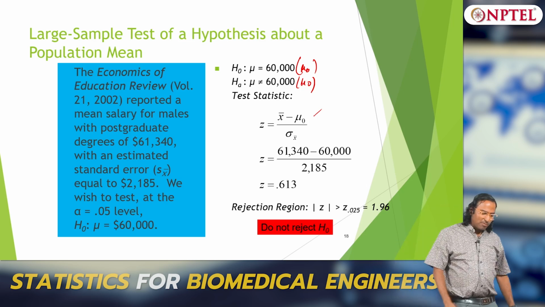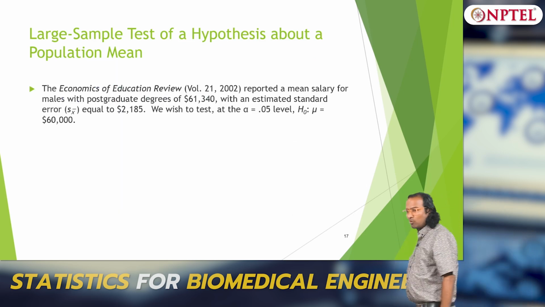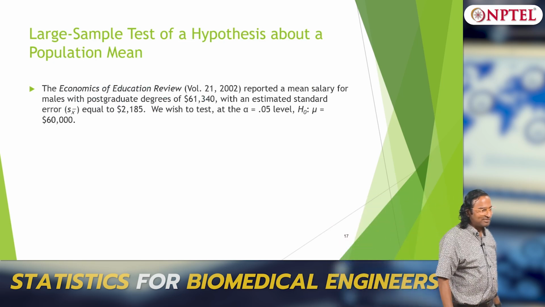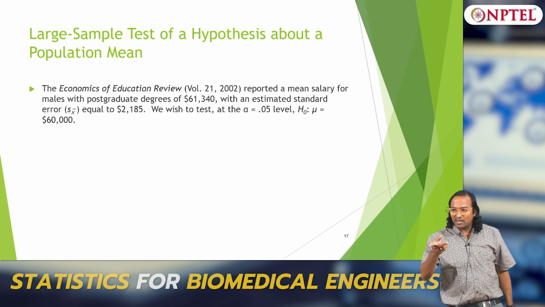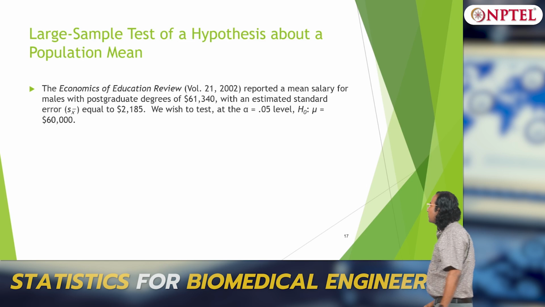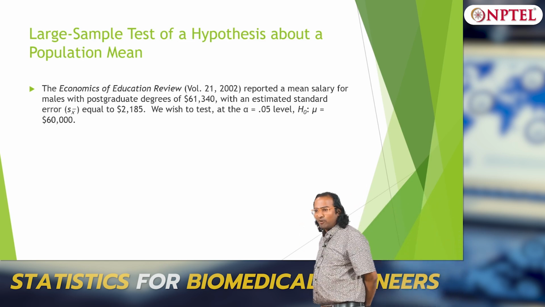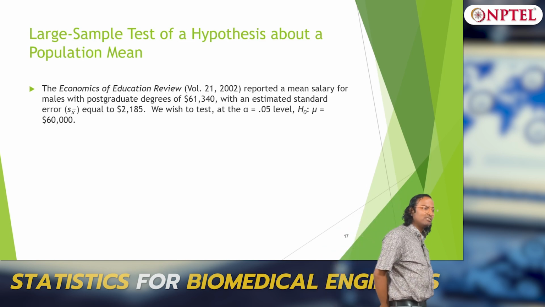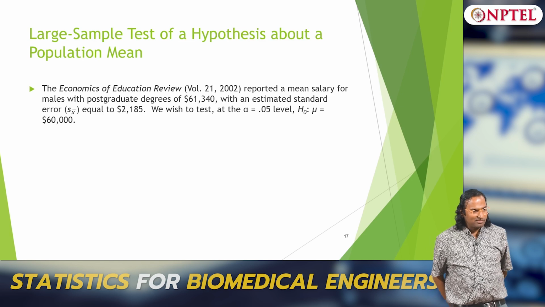From looking at the problem only you should have an idea. The change in the average is around 1340, and the standard error is 2000 plus. That itself should give you an idea whether you will be able to reject or accept the null. Just looking at the numbers you should be able to take a guess, because look, 60,000 to 61,340, the average change is only 1340 with a standard error of 2000 plus.